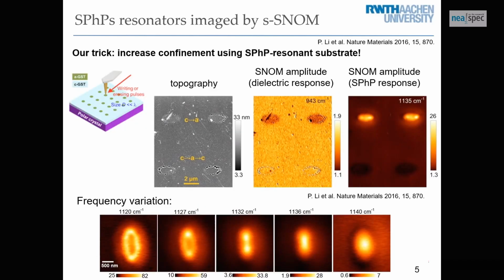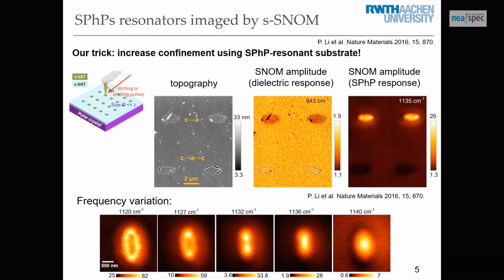And with this capability of confining the surface phonon polaritons, we deposited a GST film on top of a polar crystal and then switched it to the crystalline state by simply heating it, and then shot amorphizing pulses into the surface.